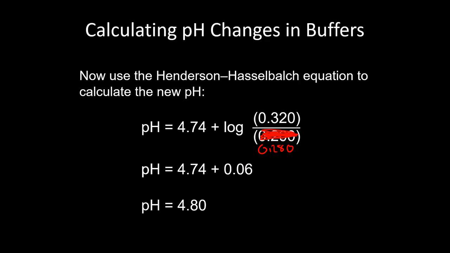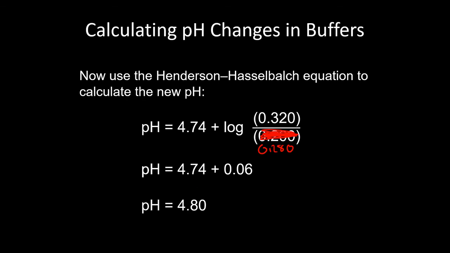It's just I had a typo there. But feel free to check me to make sure that that is just a typo and that there's not a math error. So then if you take the log of 0.32 over 0.28, you get 0.06. So you just add that to 4.74 and you get the new pH of this solution is 4.8.